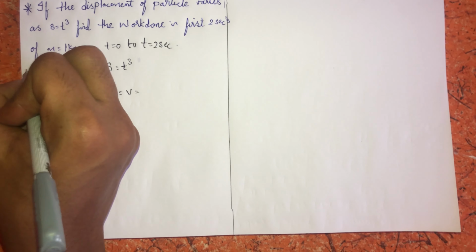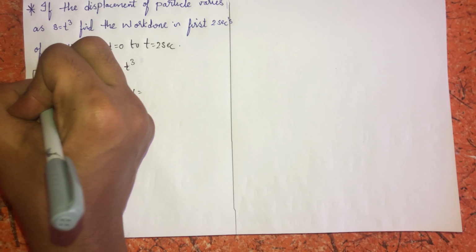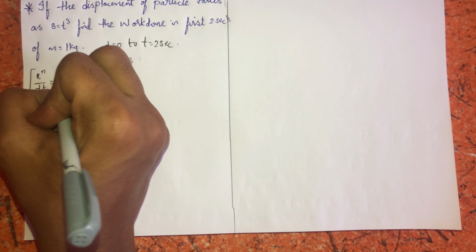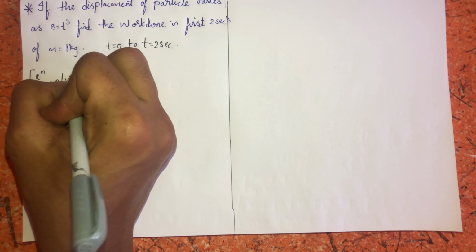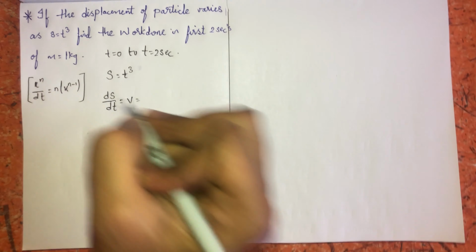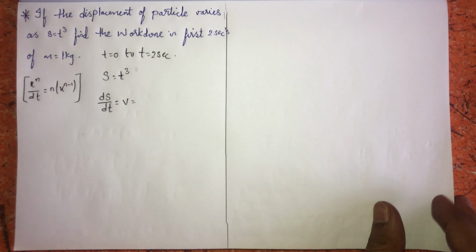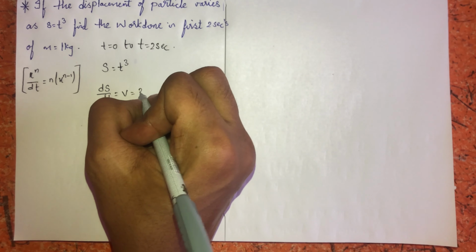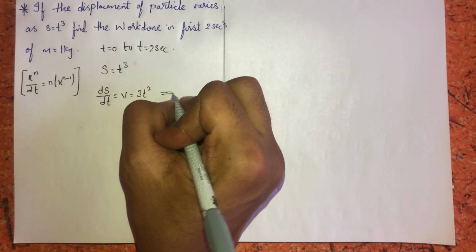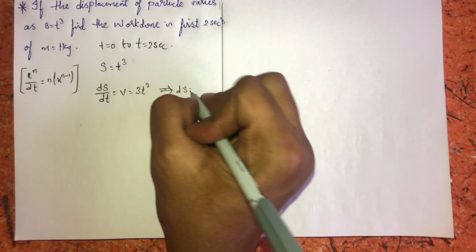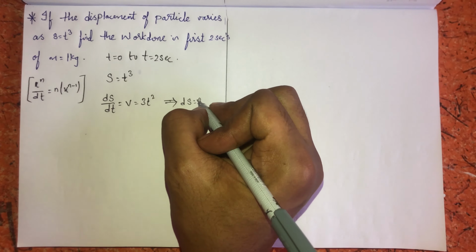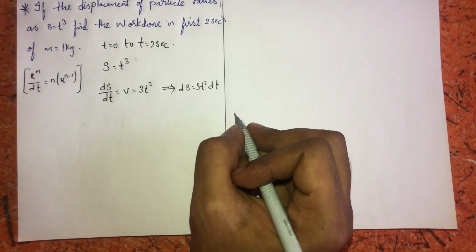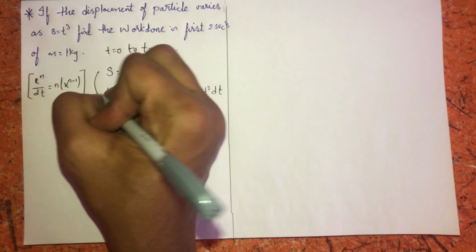There is a formula of differentiation: d of x to the power of n by dt will be equal to n times x to the power of n minus 1. Then here the value of n will be equal to 3. Then we'll get 3t square. That is ds by dt will be equal to 3t square.